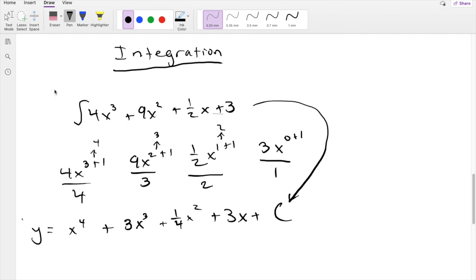This essentially just means that this equation up here is the derivative of this equation down here, and this is the antiderivative of that equation.